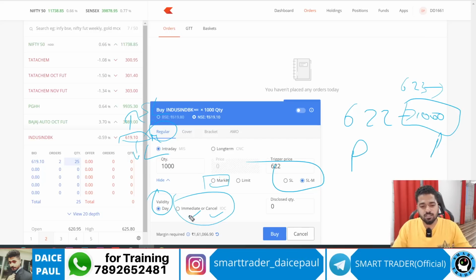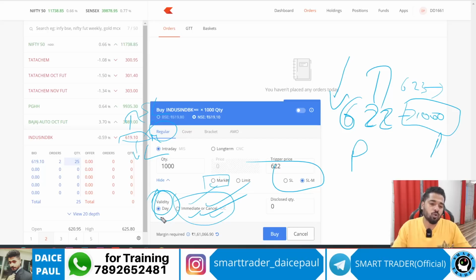In those cases, if your order is not triggered, it will be cancelled, either immediate trigger or it will get cancelled. Same way, if it is day, then even though the price goes above 622, it will still be pending. Whenever it comes down to 622, your order will get triggered, because it will be waiting the whole day until it is getting triggered.